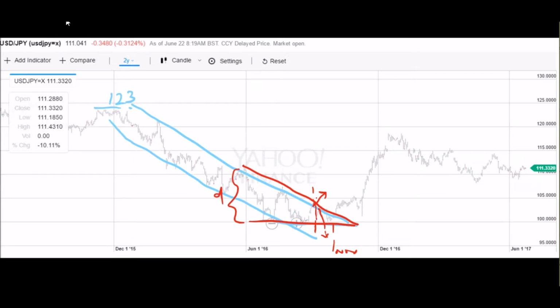And November 2016, I think that was when the US election happened, and roughly December 2016 was the FOMC. So the dollar gained during this period, and a failure to break the triangle caused the dollar yen to reverse its trend and move back up.